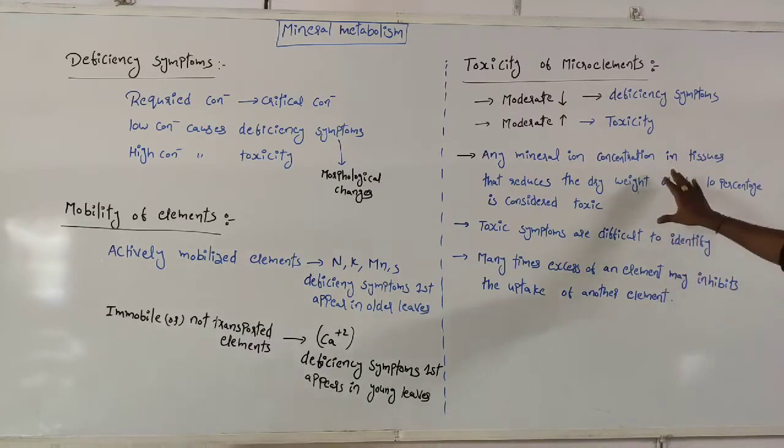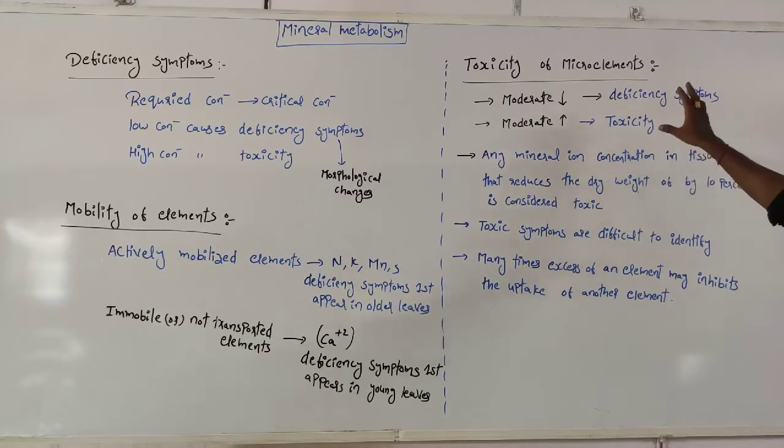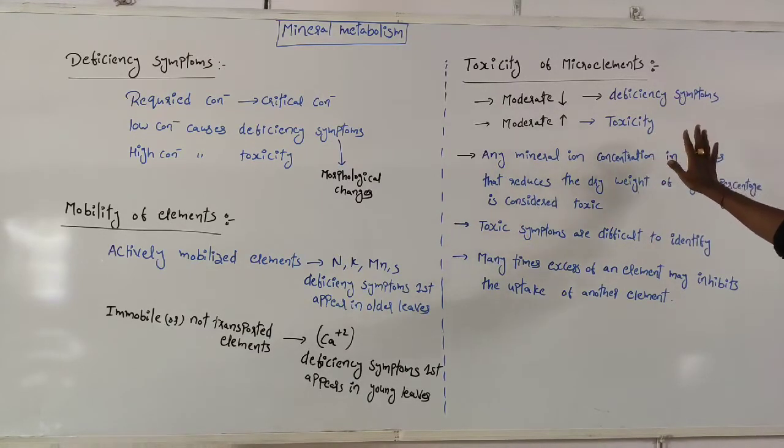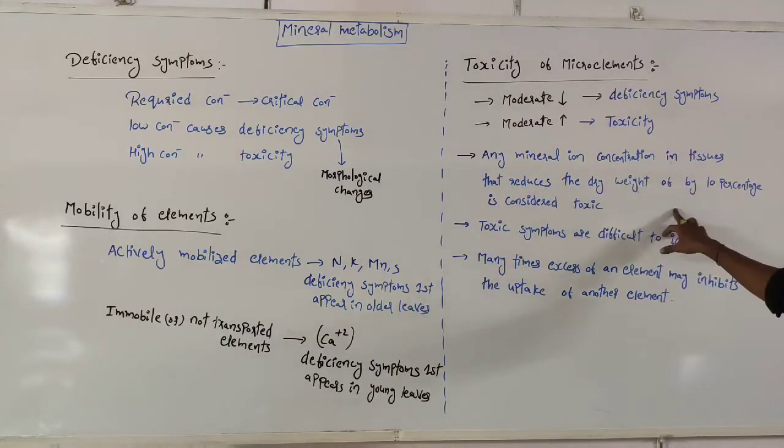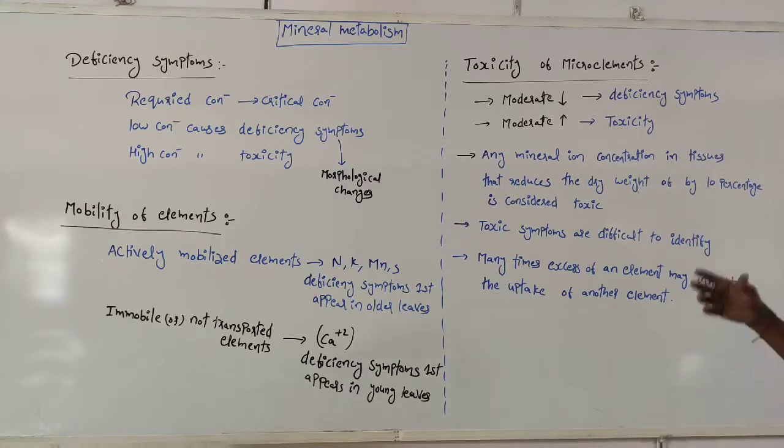Say any metal ion. We are discussing the toxicity of metals. This is a very important one. Any metal ion concentration in tissue that reduces the dry weight of tissues by 10% is considered toxic. That particular condition is called the toxic condition.